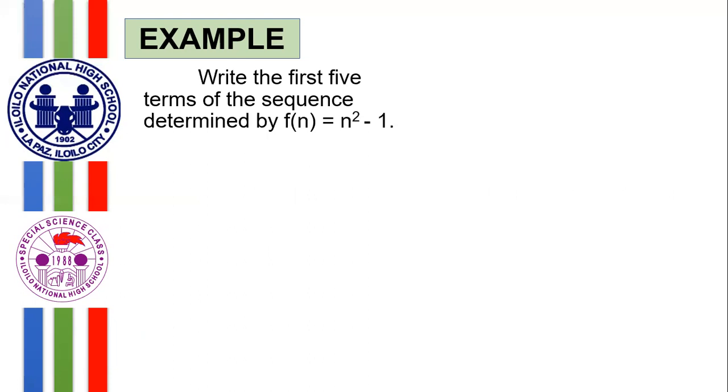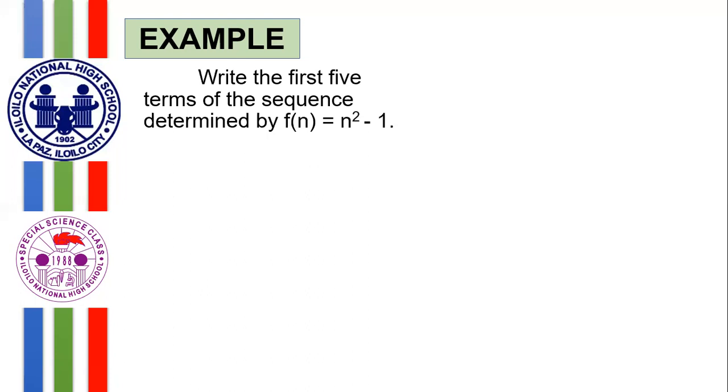This time, I would like you to write the first 5 terms of the sequence determined by f of n equals n squared minus 1. Note that in our previous videos, the nth term of a sequence is denoted by a sub n or f of n, whichever is applicable.